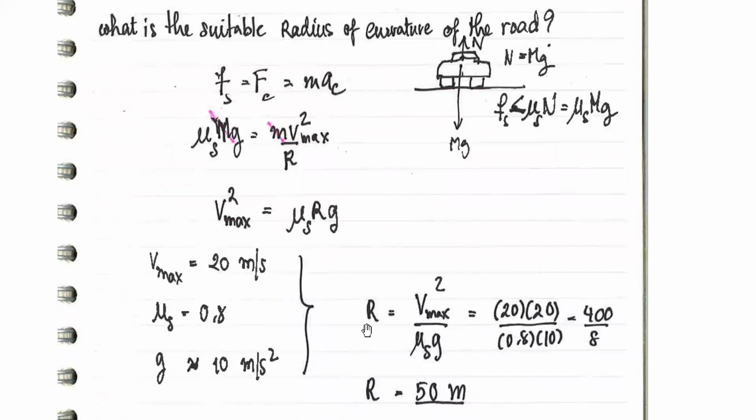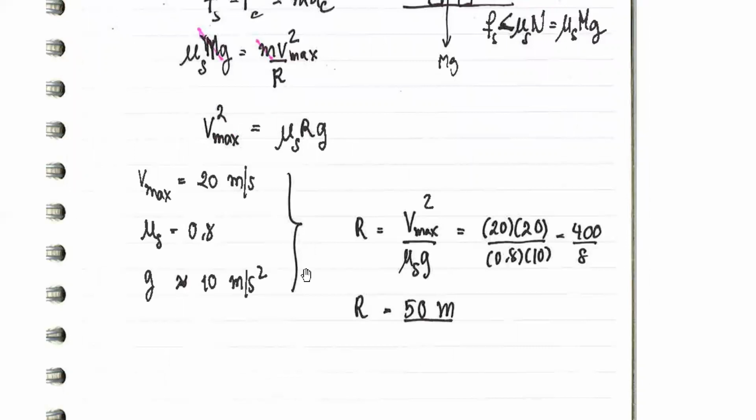The radius of curvature of the road will be V max squared over mu s times g, or 20 times 20 divided by 0.8 times 10. And that gives you 400 over 8, and it is 50 meters. So the radius of curvature of the road should be around 50 meters.